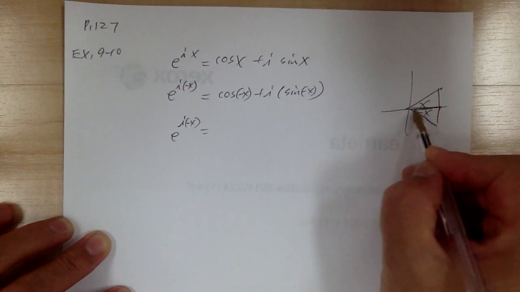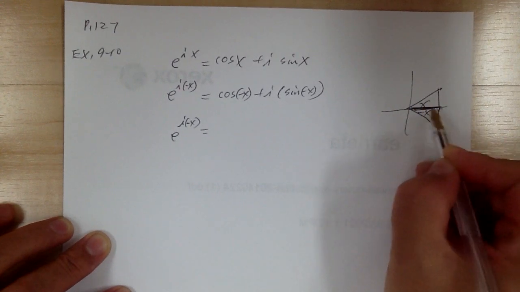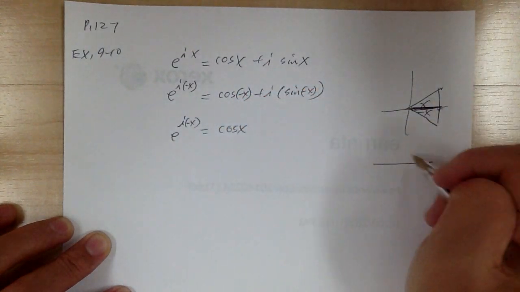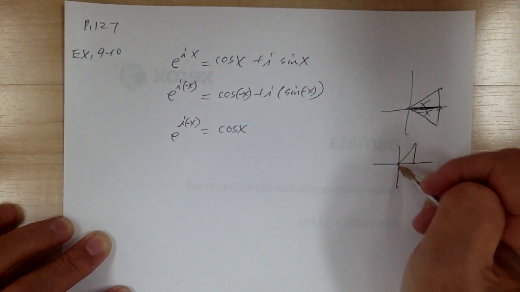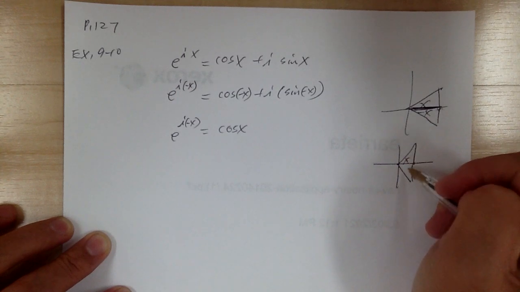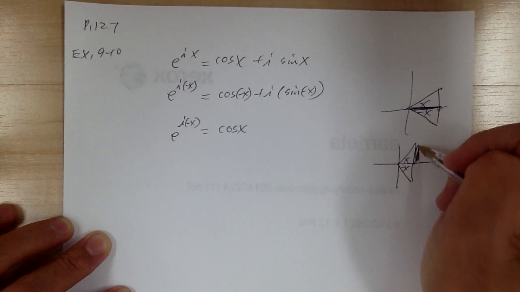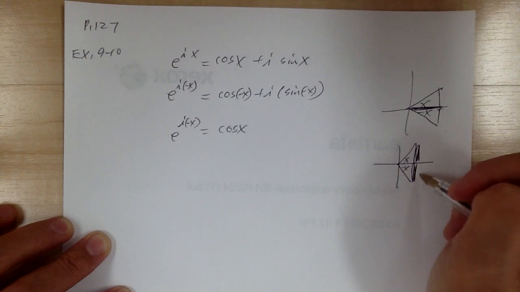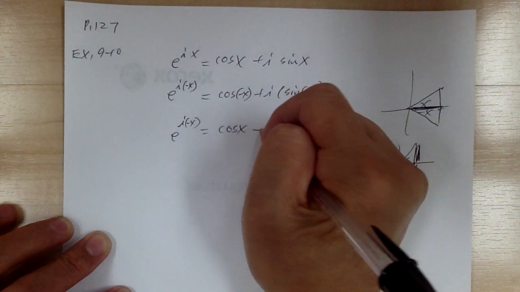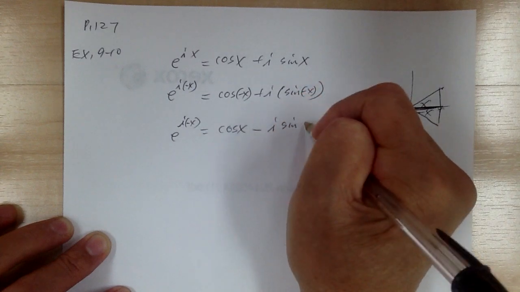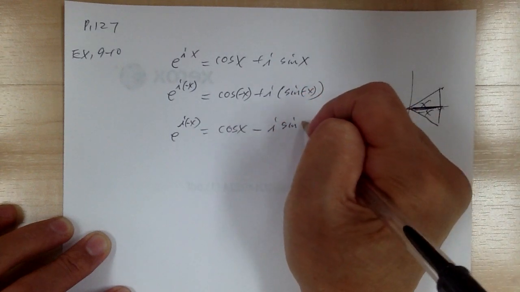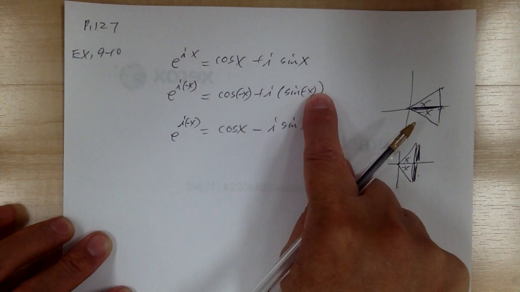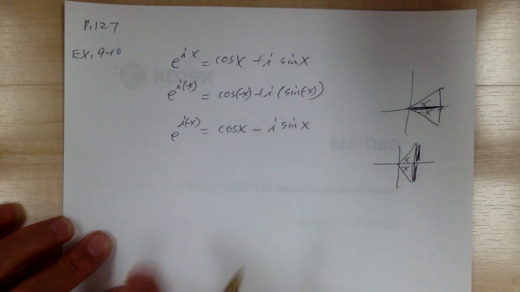For cosine, the negative angle does not affect the outcome, so it's still cosine of x. Now for sine, here's your angle x and negative x, but sine is over here for the x angle, and the negative angle will give you the opposite. So this becomes minus i sine of x. For the sine function, if the inside is negative, it becomes the opposite.